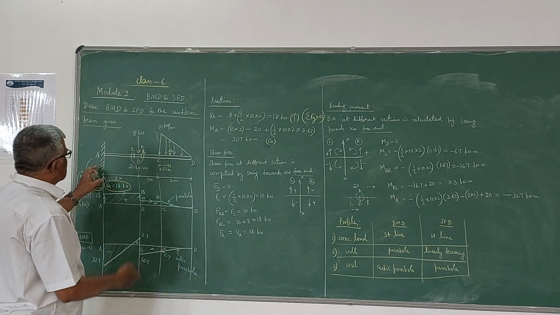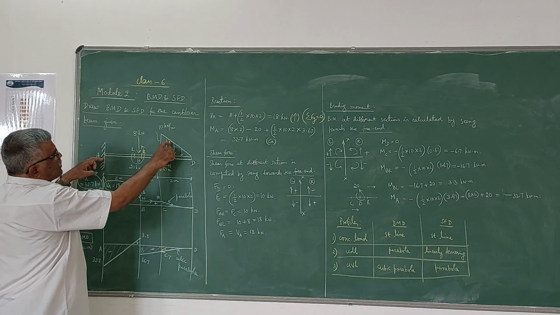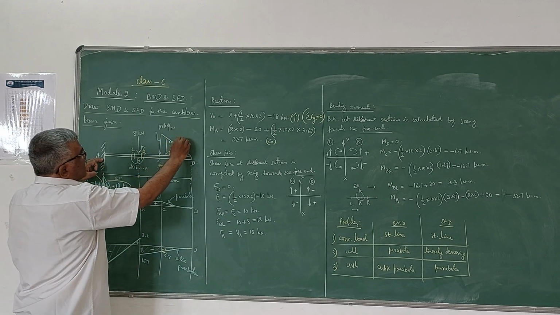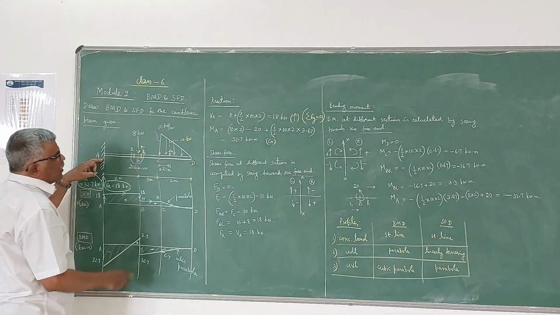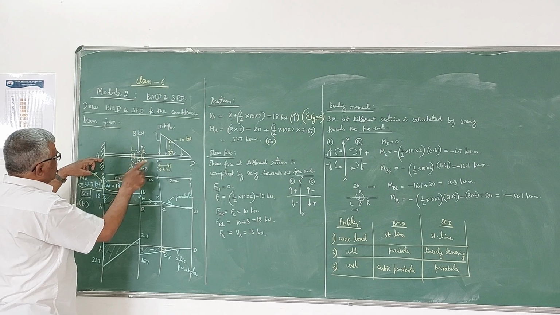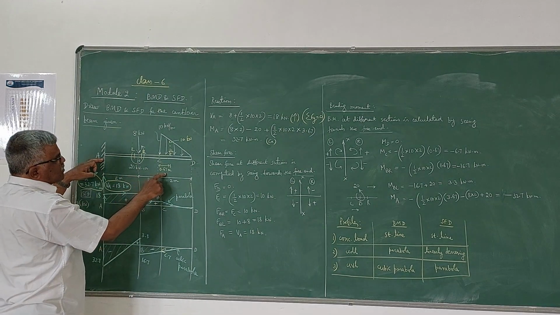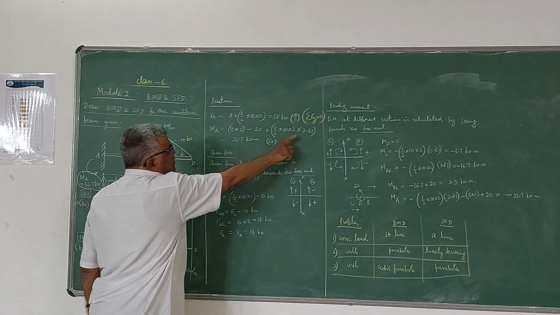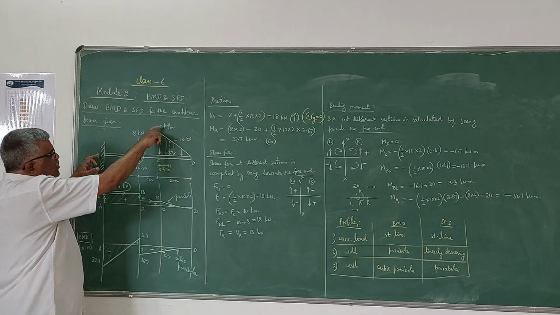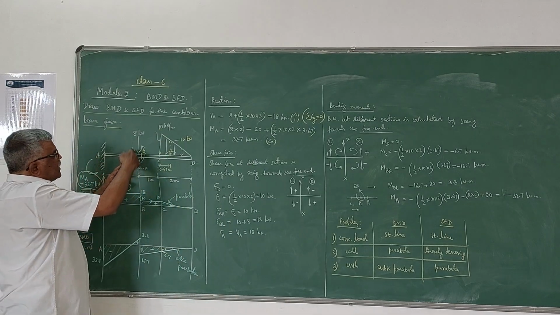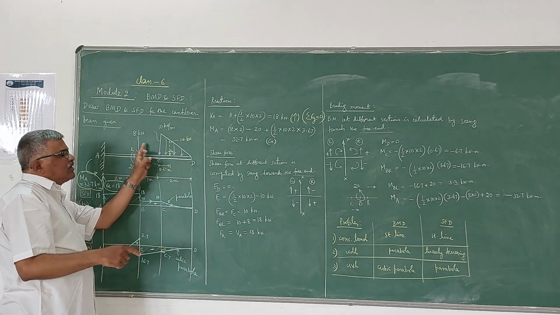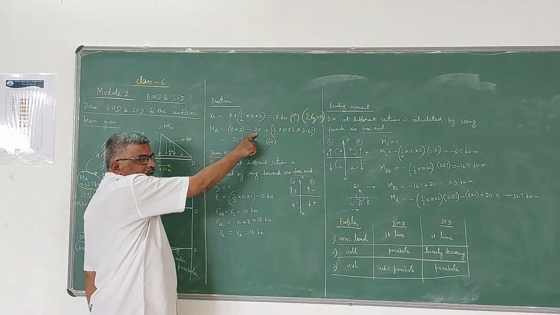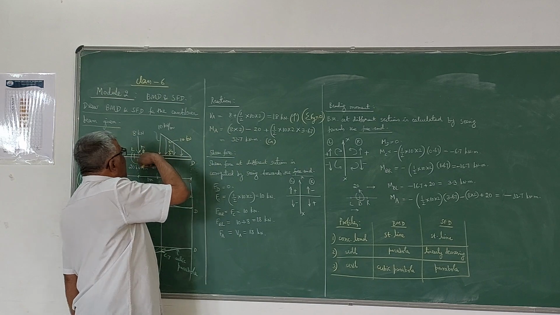So now this value is 10 only, 10 kN only. That is the equivalent point load, half into 2 into 10. It acts at a distance of 2 plus 1 plus 0.67, that is 3.67. So it is also clockwise. And another thing is he has given one external moment here, which is anti-clockwise, in the sense that we have to take it as minus 20 because it is anti-clockwise.